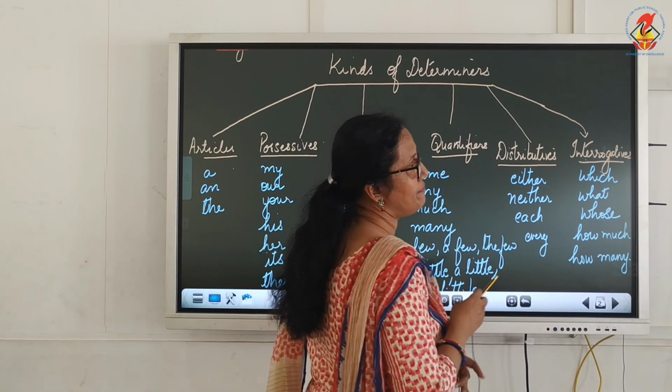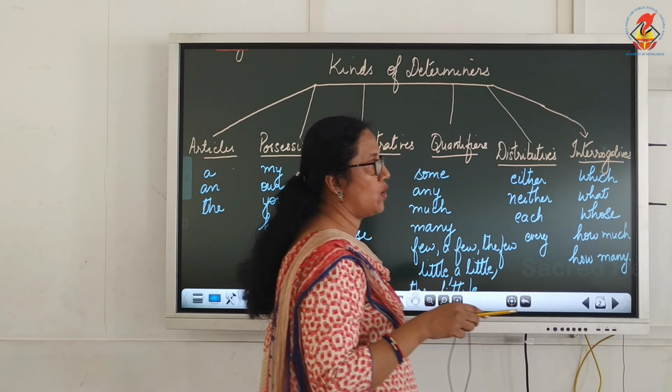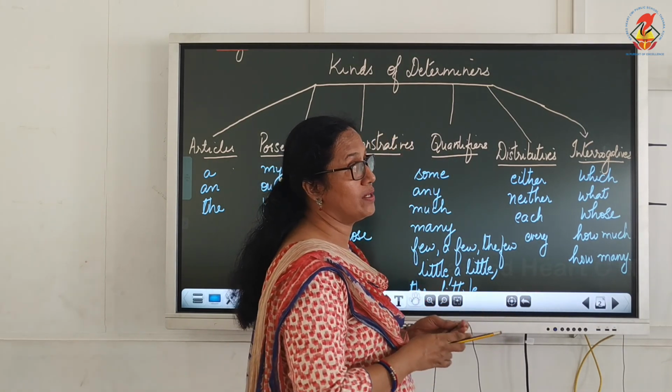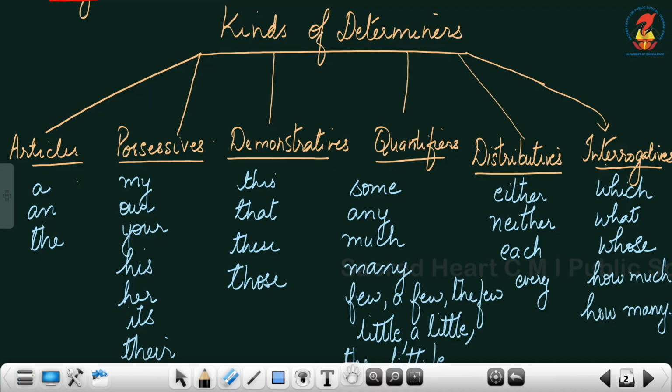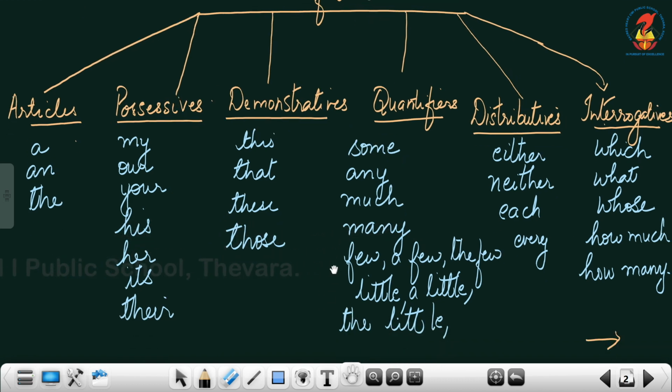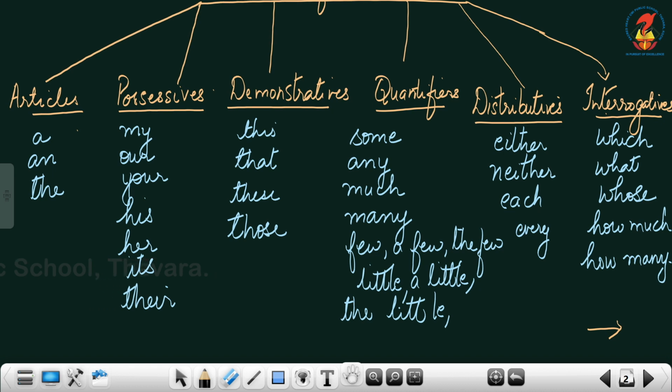Then quantifiers. Quantifiers are nothing but the words which indicate quantity: some, any, much, more, few, a few, the few, little, a little, the little, and so on.